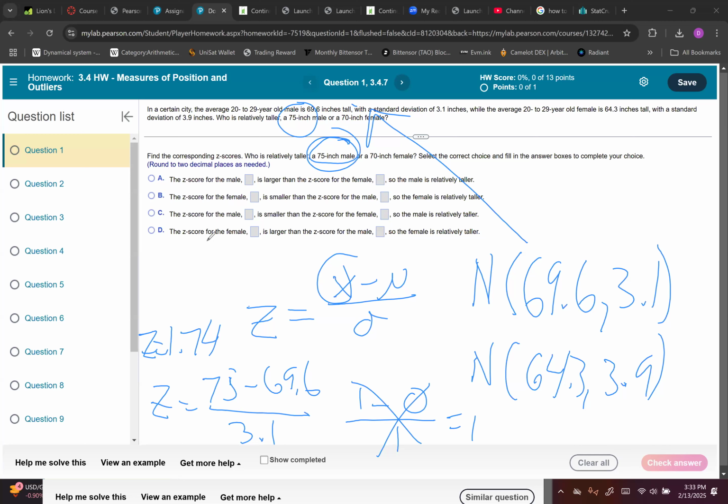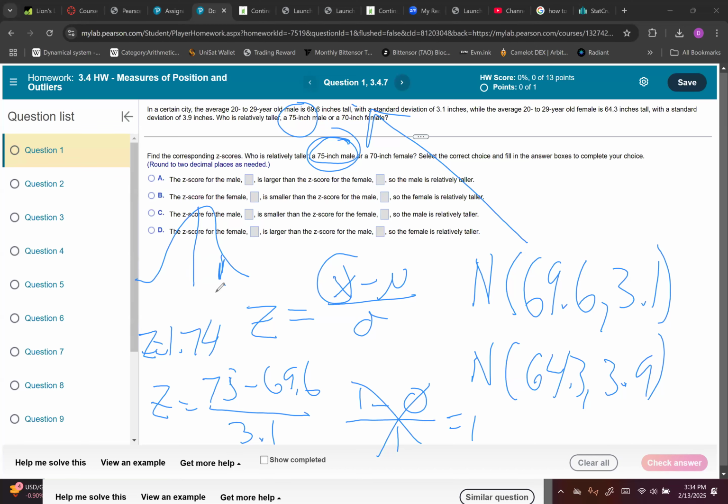In other words, if you imagine two normal curves, the person's z-score with 1.74, this is the middle, that's somewhere over here. Okay, that's all it's saying. This is z, 1.74, or approximately 1.74 standard deviations from the mean.